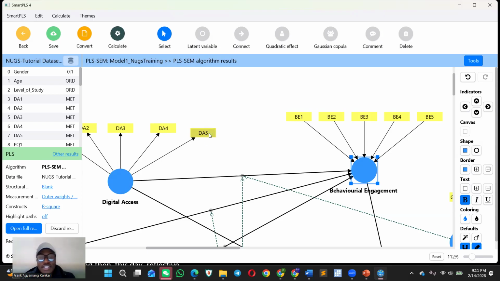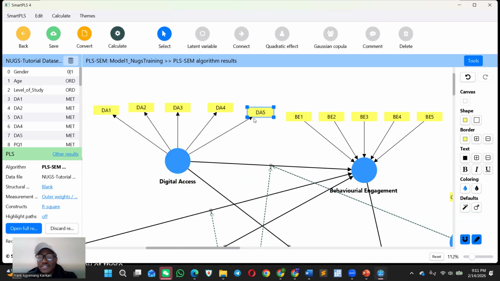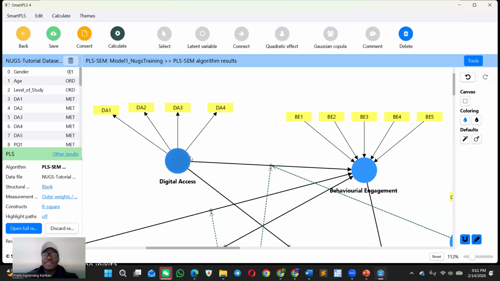So here, changes in any of these indicators will not affect the construct. If this is reflective, I can delete one indicator, and this will not affect the underlying construct.